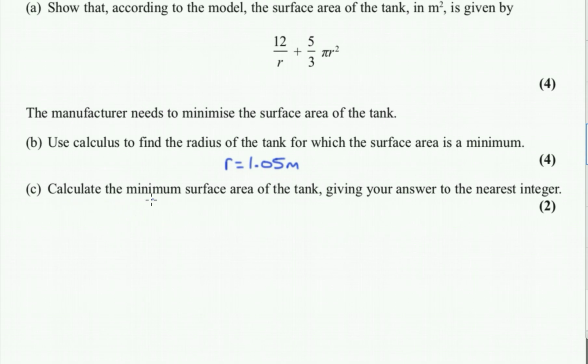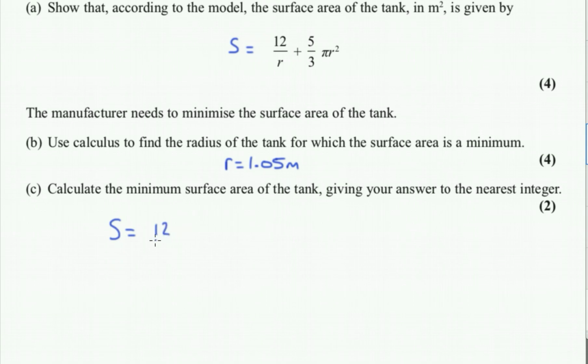Okay, for part C, it then wants the actual minimum surface area. So remember that we've found the value of r that gives us the minimum. We just need to substitute that into here to find the minimum surface area. I've got 1.05 metres from part B. I'm going to store that number in the memory of my calculator, the actual real value, which was 1.0464477736, and so on, so that when I substitute it into here, I've got the most accurate answer possible.